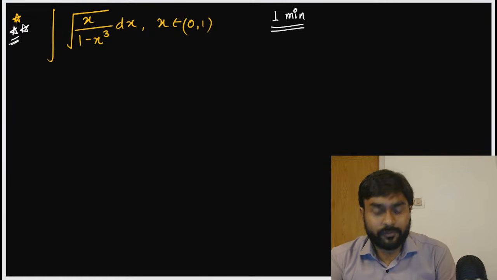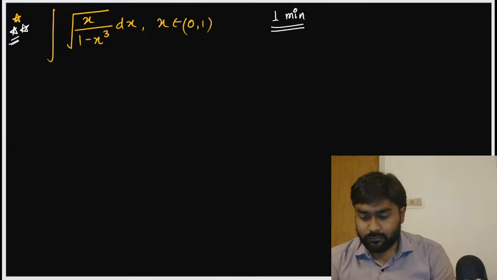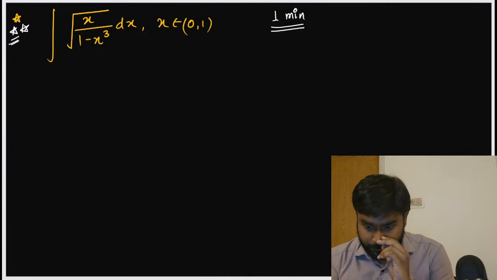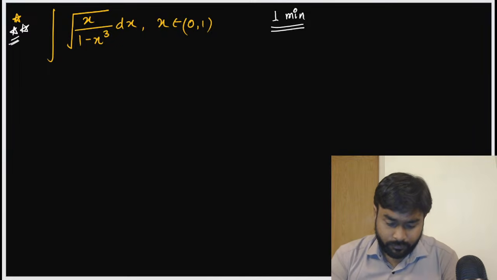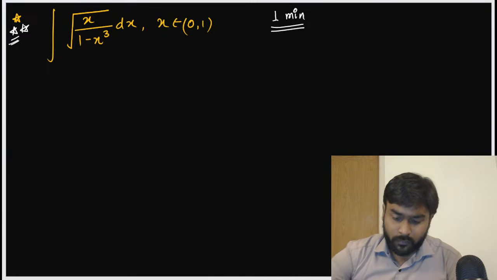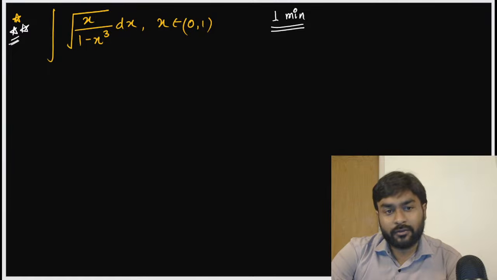Okay, I am giving you time. Yes, dt by 4 is correct for the last question.